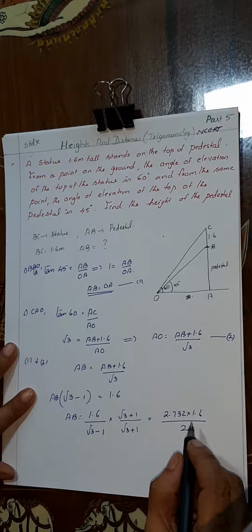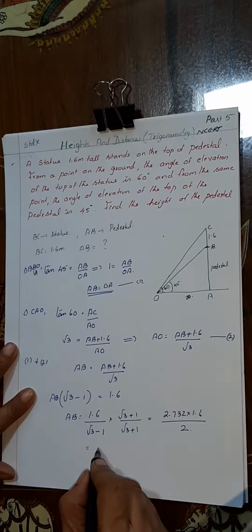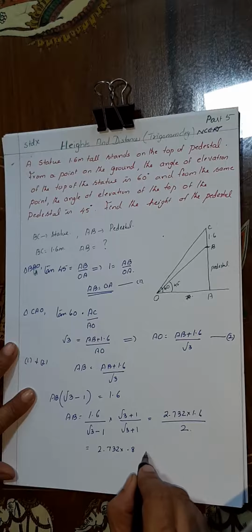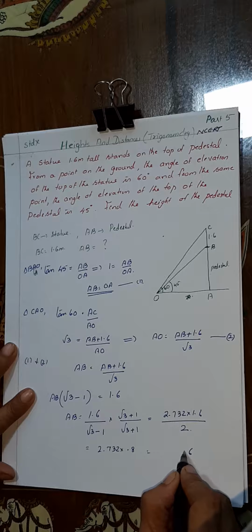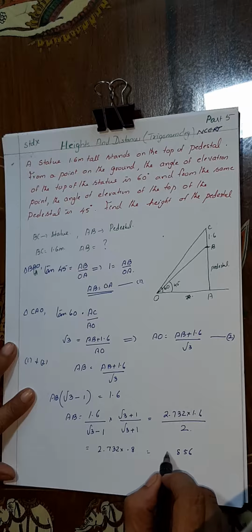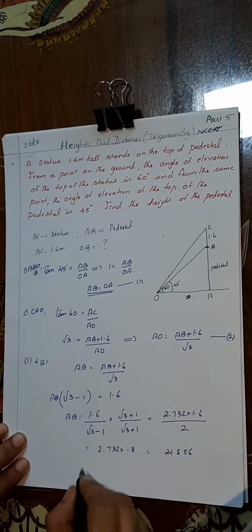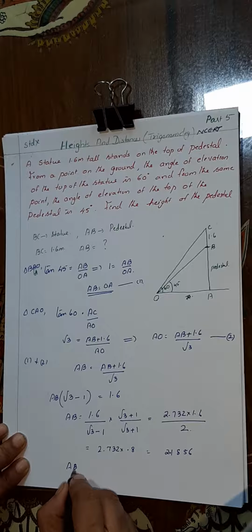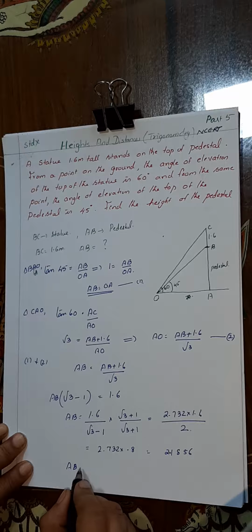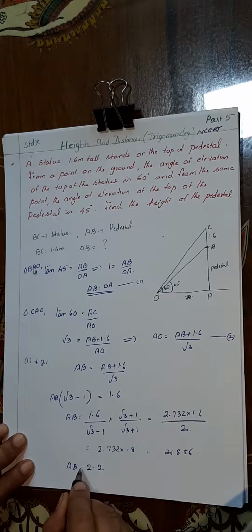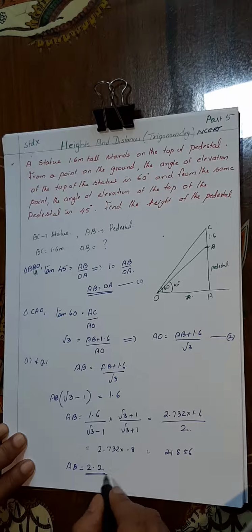So this becomes 0.8. So it's easy to multiply, into 0.8. So it is 2.18. So AB is equal to approximately 2.2 meters.